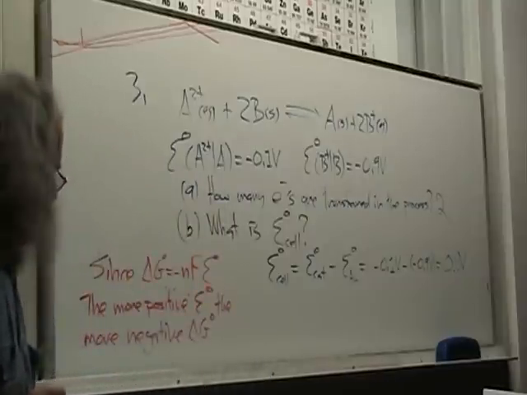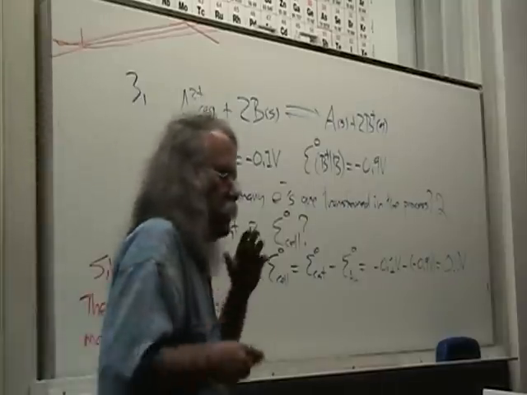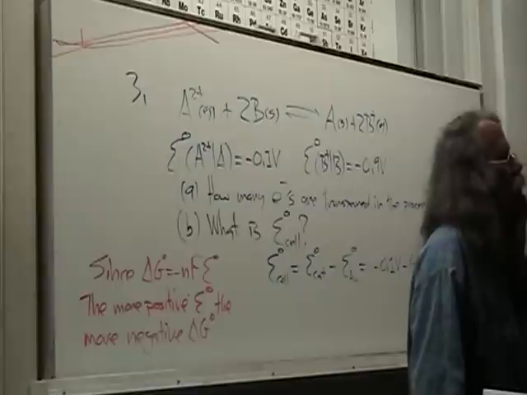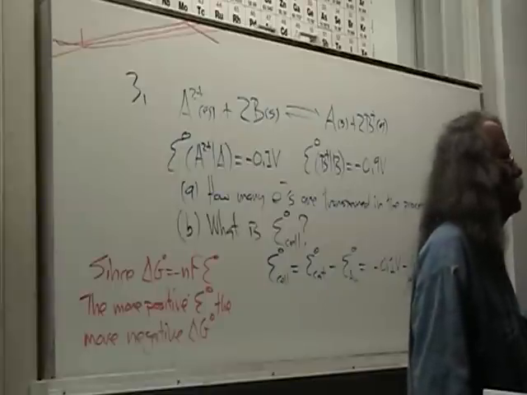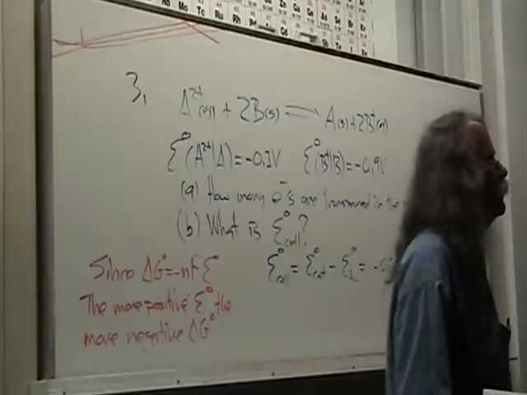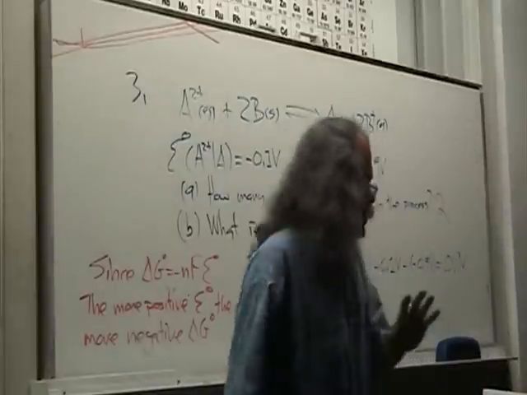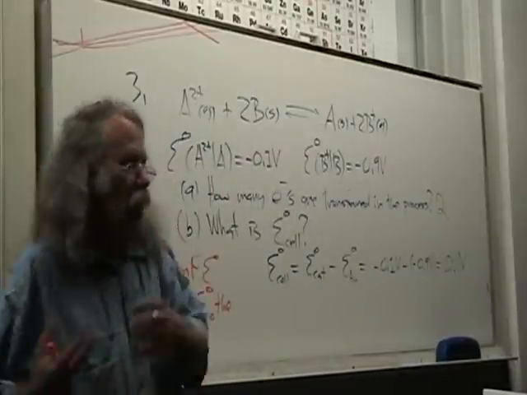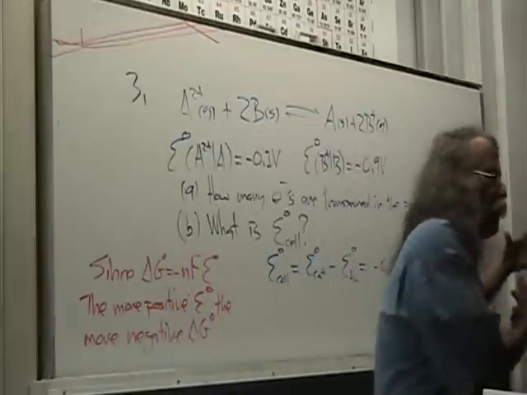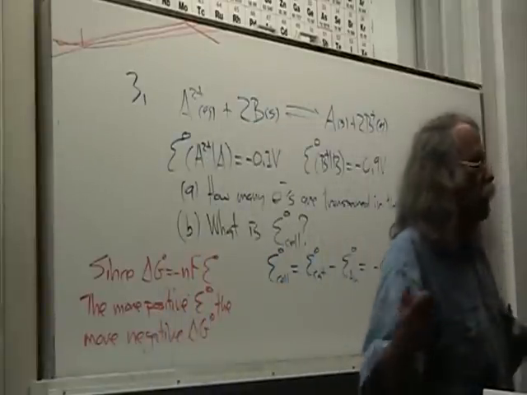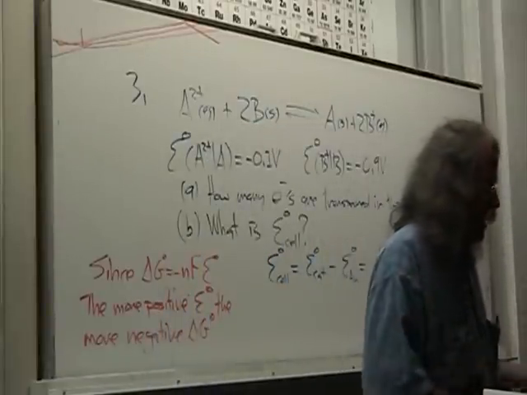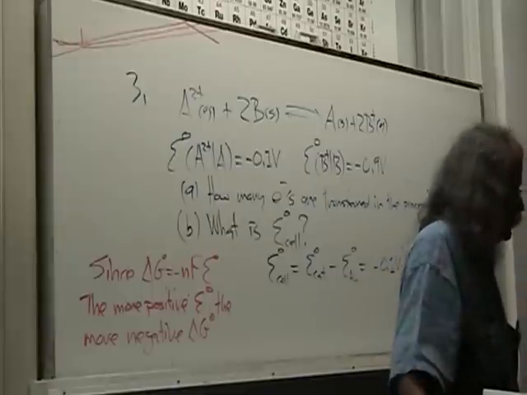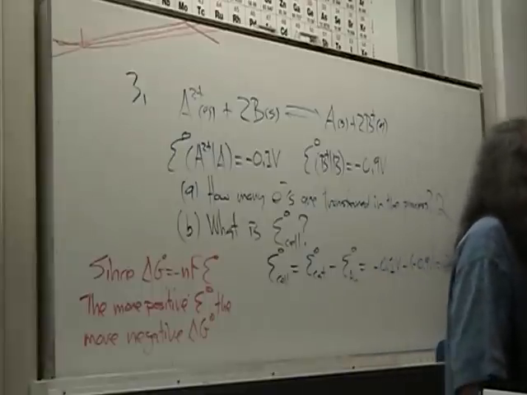What we're after is what's going to be spontaneous, and our criterion for spontaneity is that delta G has to be less than 0. The couple with a higher reduction potential has a greater driving force for its reduction.